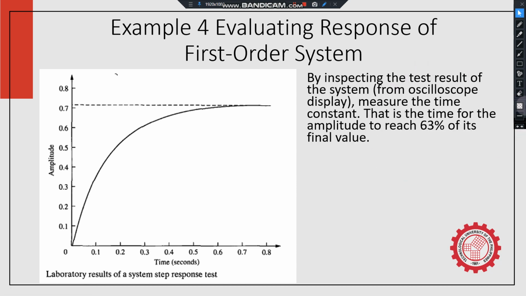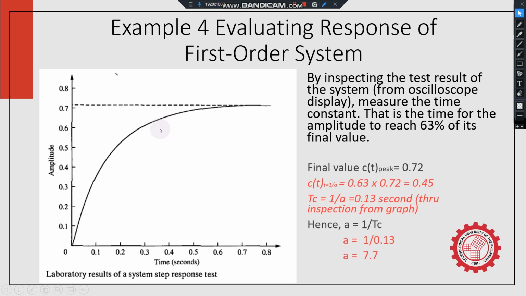And by inspecting this graph, the test result of the system from the oscilloscope display, now we're going to measure the time constant, that is the time for the amplitude to reach 63% of its final value. So we're going to inspect this graph and try to locate the 63% of the final value.